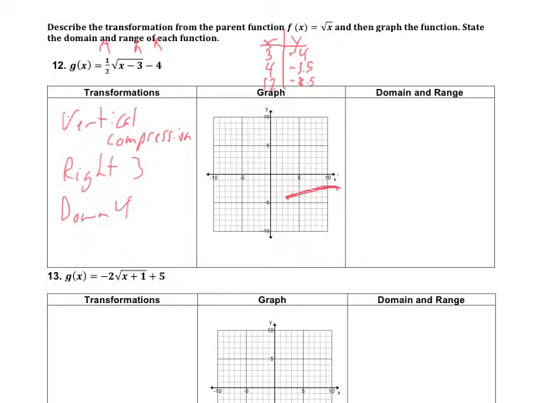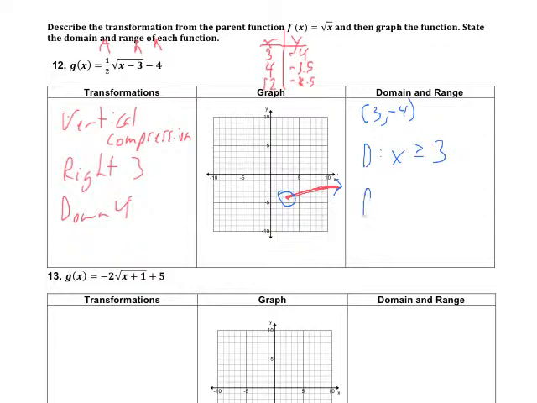The domain and range. The domain and range comes from understanding the starting point of the graph right there. That point is the point 3, -4. We saw that in the table, and we just basically need to explain those numbers. Turns out the first number is the domain number, so we're going to say x and 3, and basically since this graph goes to the right, I would say it's all numbers greater than or equal to 3.